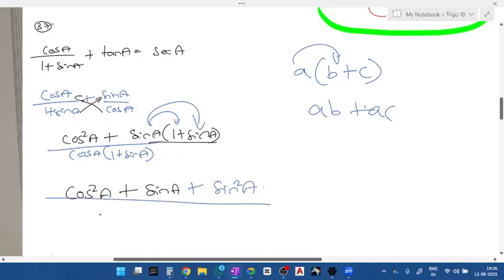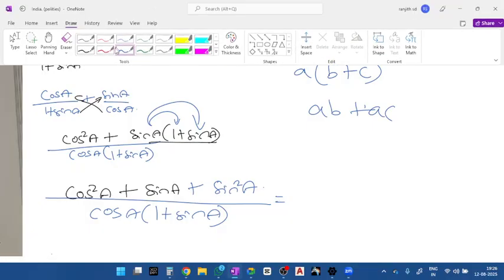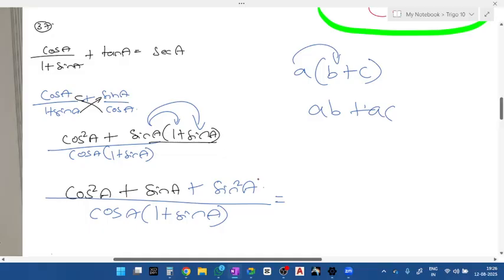For every question twice I have to ask you. Next, look at the numerator and tell me what are the two square values we have? Cos square A and sin square A. So what can I write in the numerator? Plus sin A divided by, which two are same?